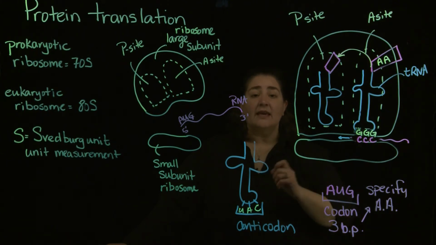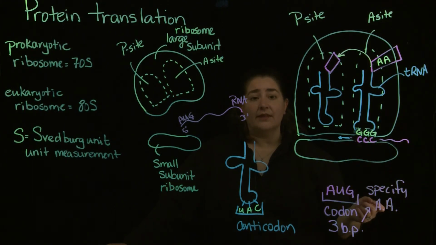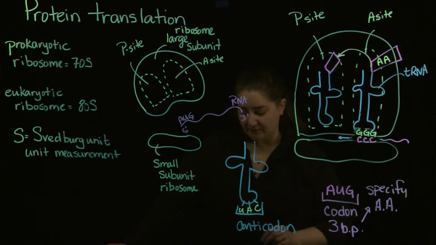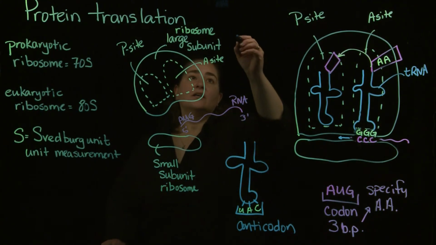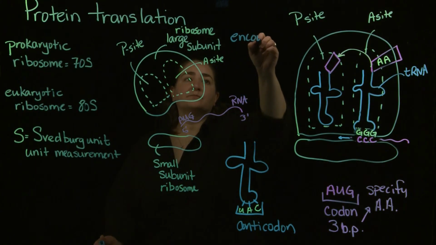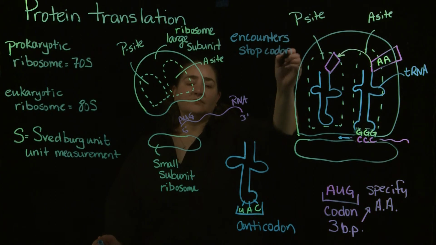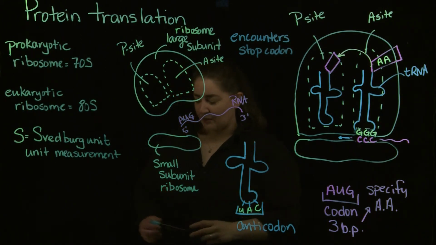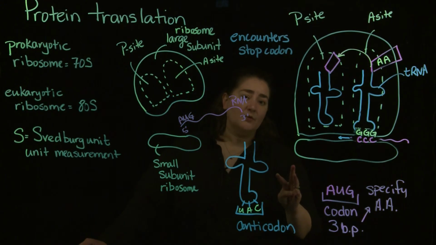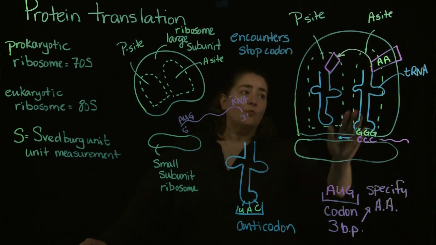All right? And it will keep reading that RNA until it encounters a stop codon. All right? And in that table, you've got 3 codons that represent stop codons. What happens?